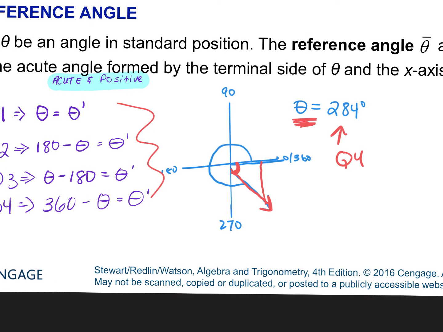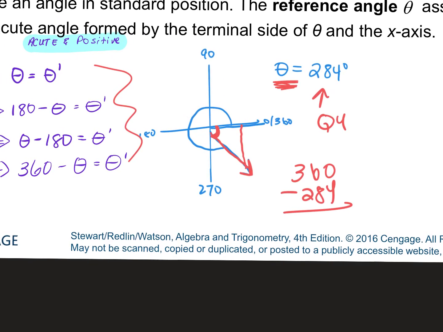You take 360 minus the angle, which is 284, and what do you get? 76 degrees. Now let's check our answer. Is 76 degrees a positive acute angle? Yes. So your reference angle to 284 is 76 degrees.